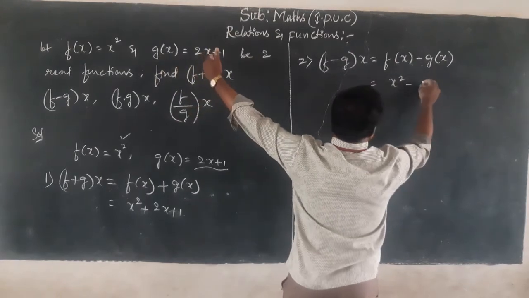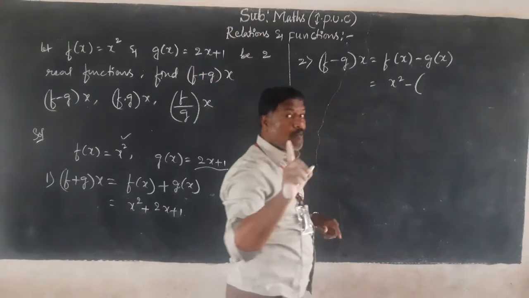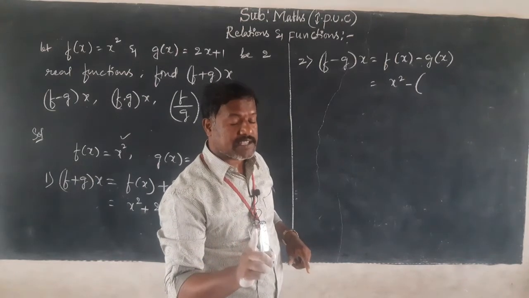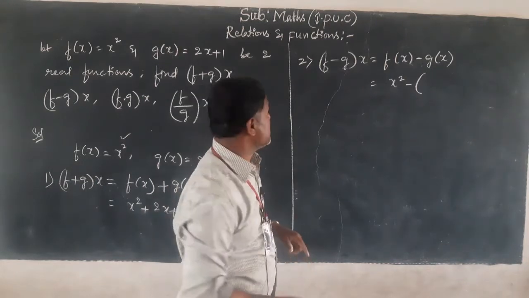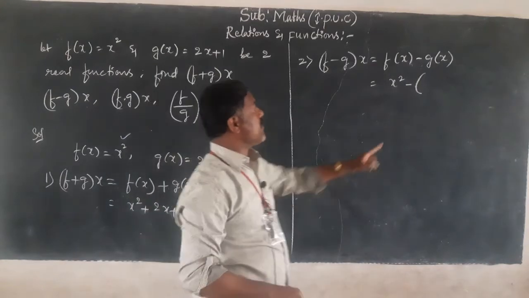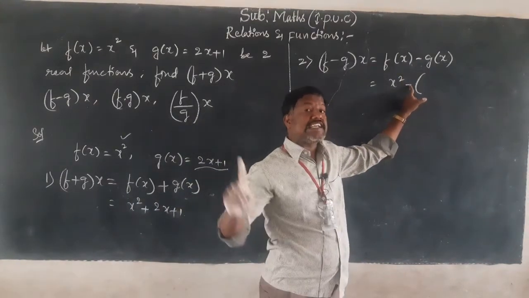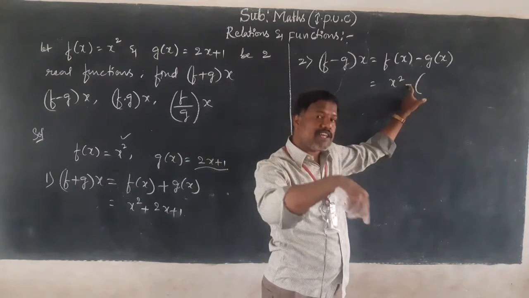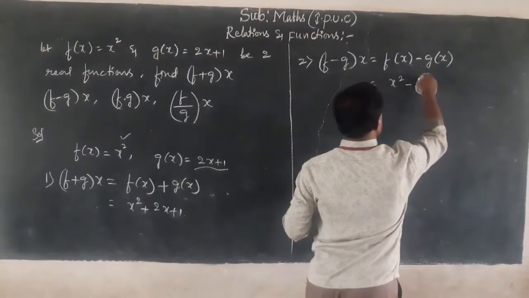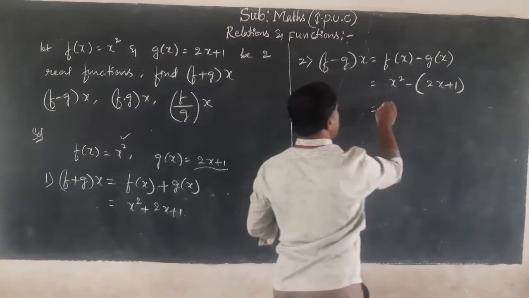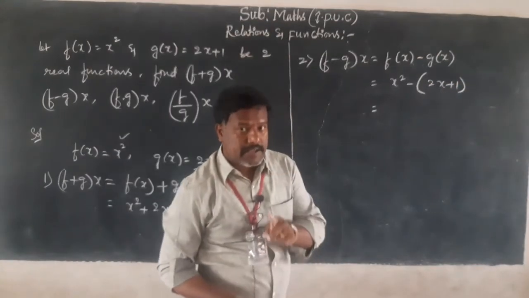G of x value is, open the bracket. It's very important, because here you have a negative sign. That's why you should write the next function in brackets, 2x plus 1. Then only you will get the correct answer.